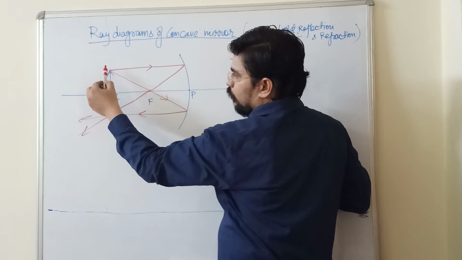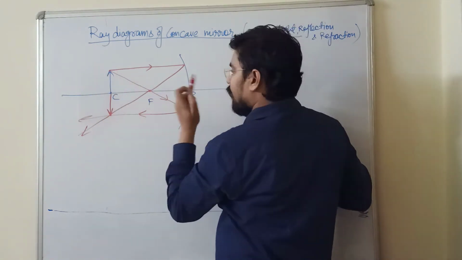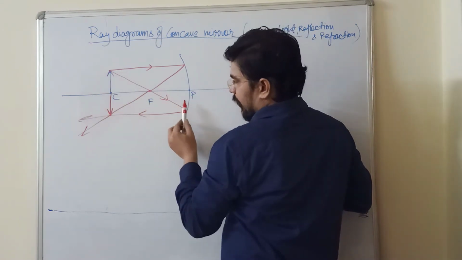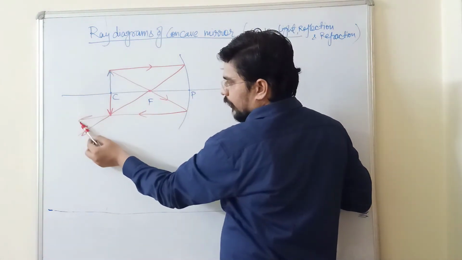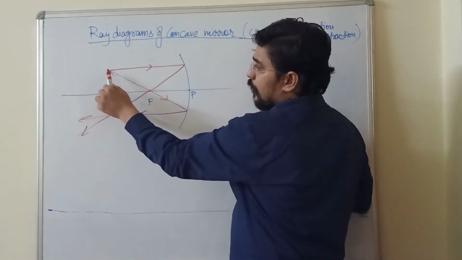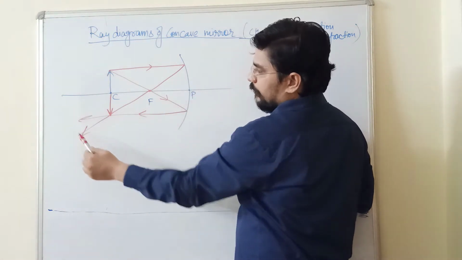So we are left with the two remaining rules. One is that light can be passed through focus and become parallel after reflection, which I used in this ray diagram, or you can use the ray incident at pole, which will reflect making the same angle.